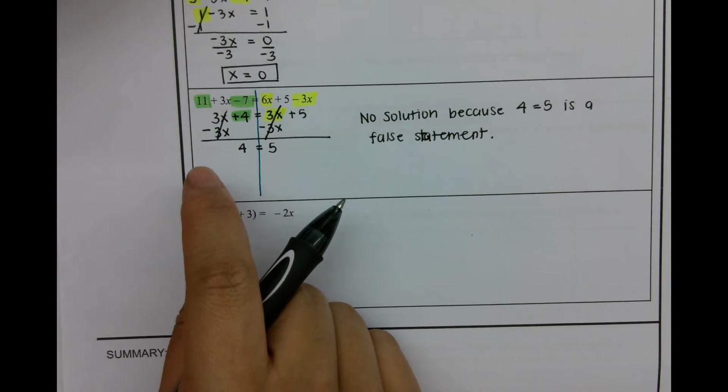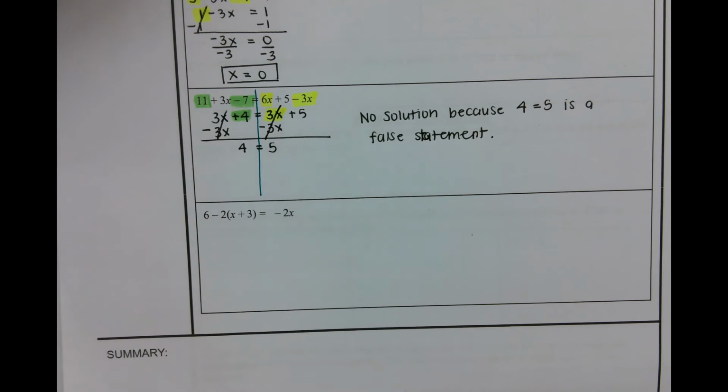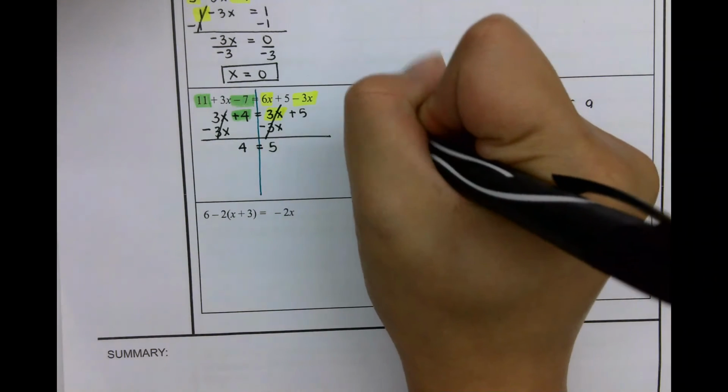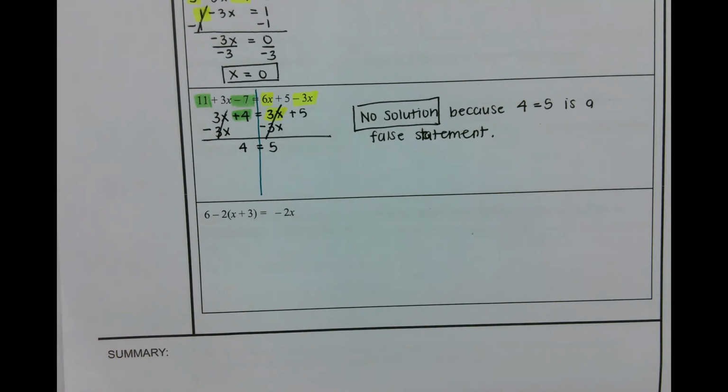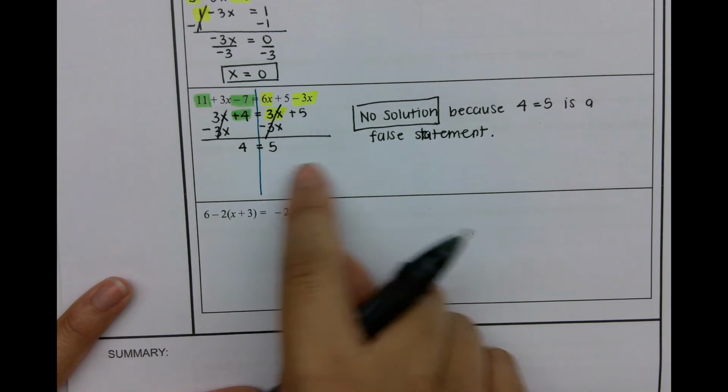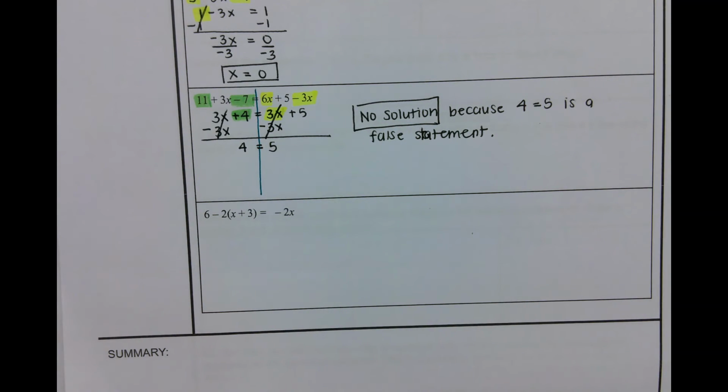Nothing in the end will make 4 equal to 5. So my answer is no solution because I arrived at a false statement. Whenever you arrive at something like this, the answer is no solution. No matter what you plug in for your variable, it's never going to be true.